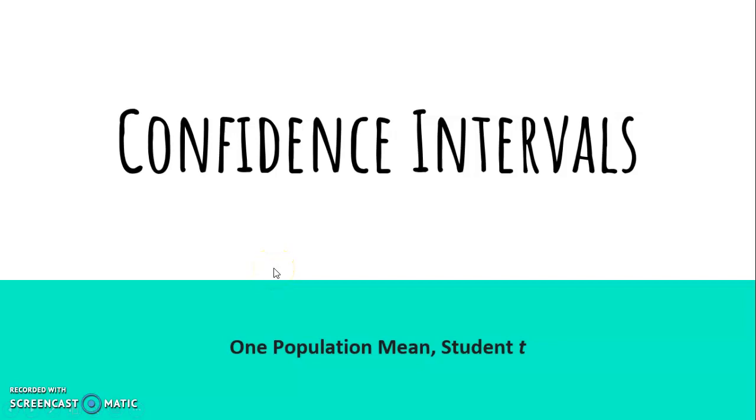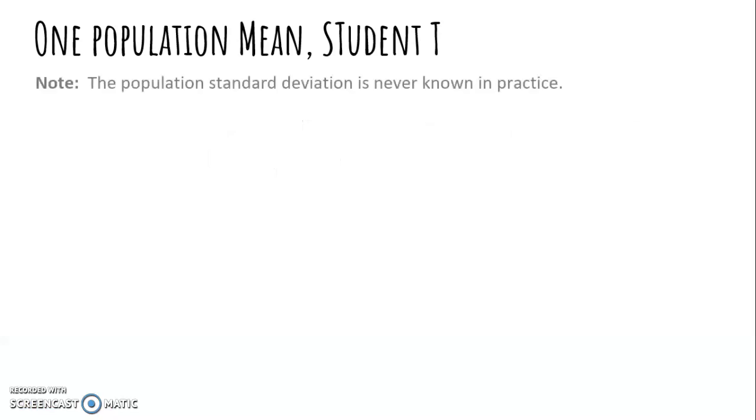This video is confidence intervals for estimating a population mean when the population standard deviation is not known. In reality, if you were trying to estimate a population mean, most likely you don't know the population standard deviation either.